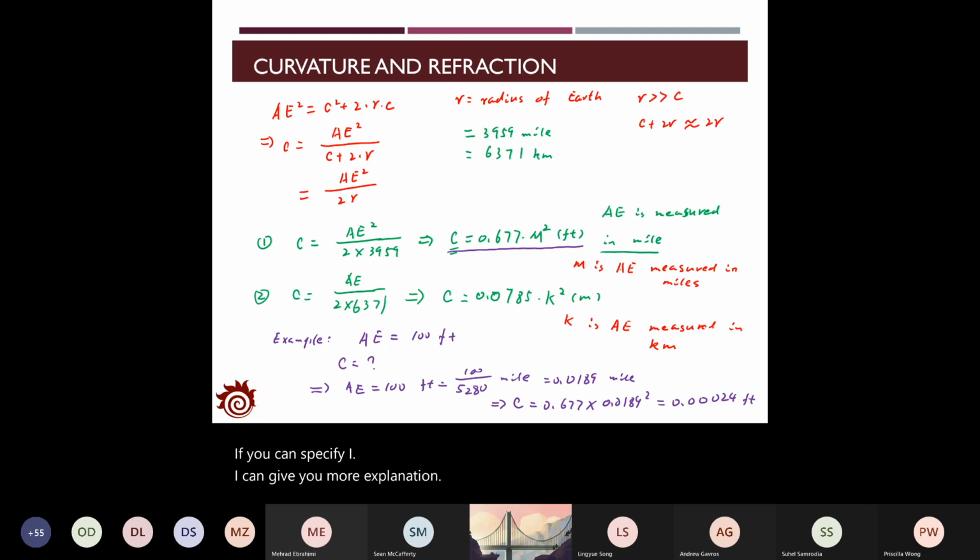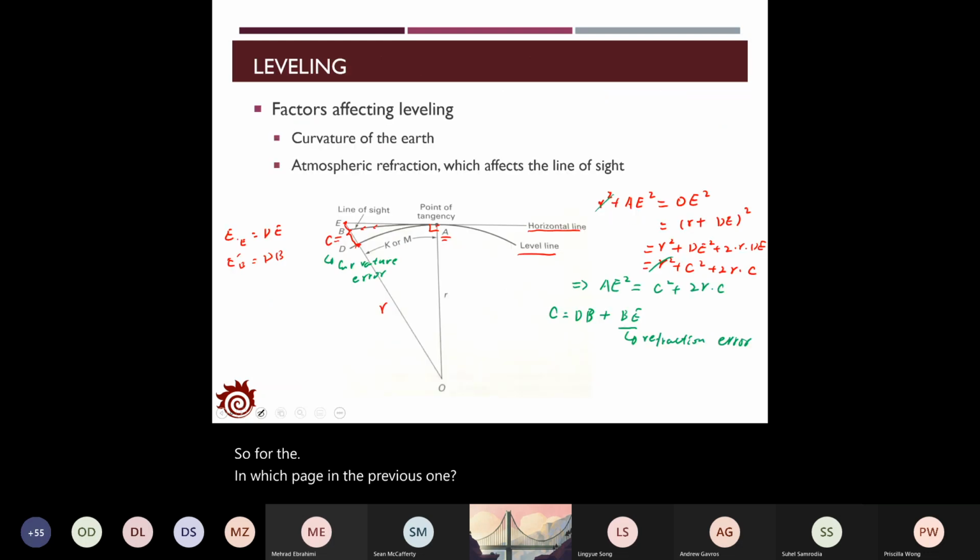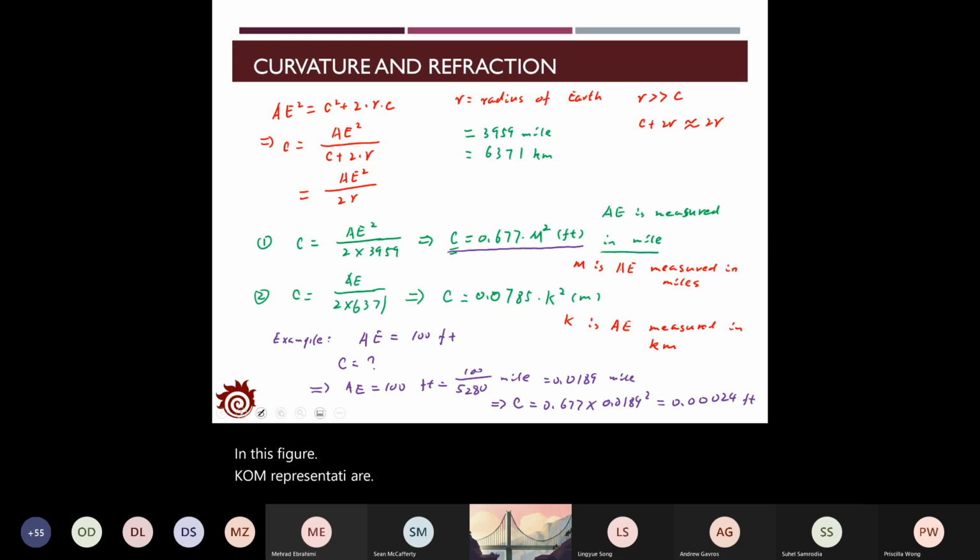In which page in the previous one? Oh, in this figure, K or M represent the two terms that are specified in this equation.